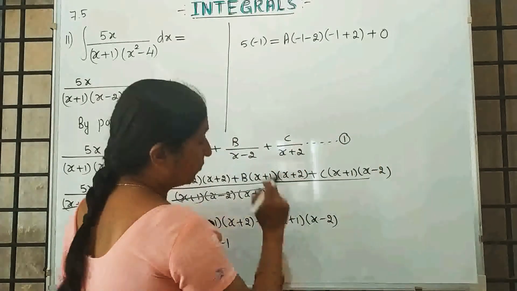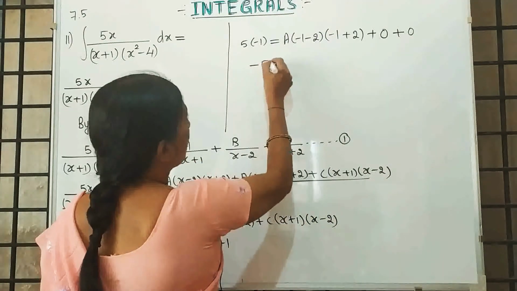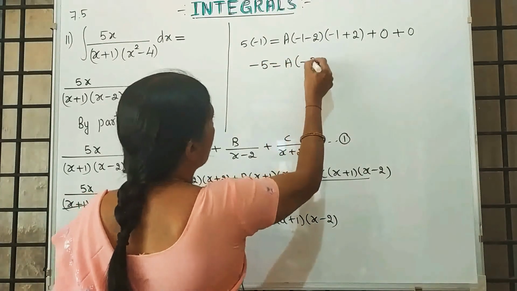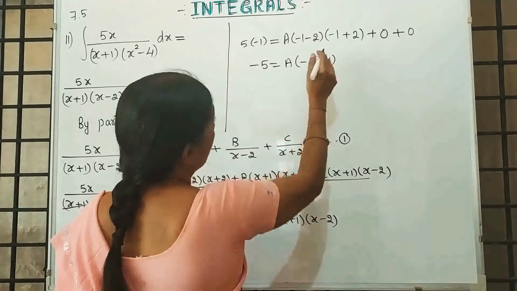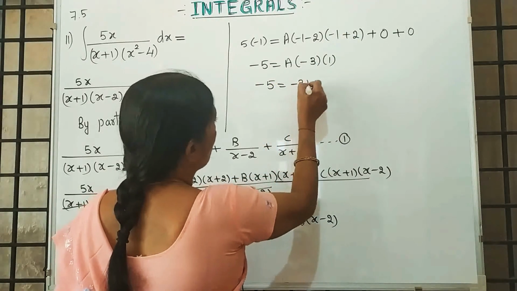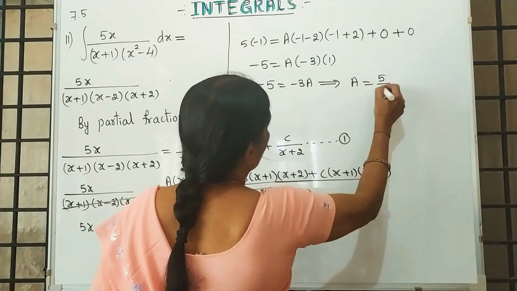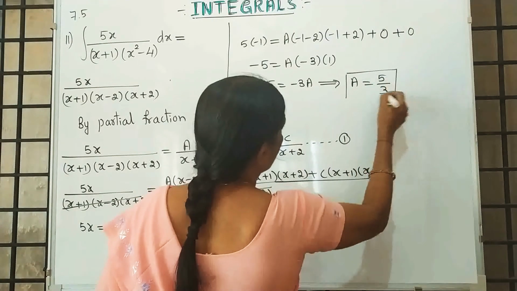Here also minus 1 plus 1, that is also 0. This is minus 5 equals A into minus 3 into 1, since minus 1 plus 2 is 1. Minus 5 is equal to minus 3A, which implies A is equal to 5 upon 3.